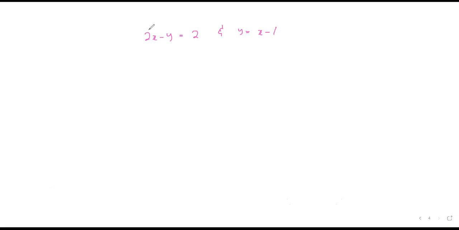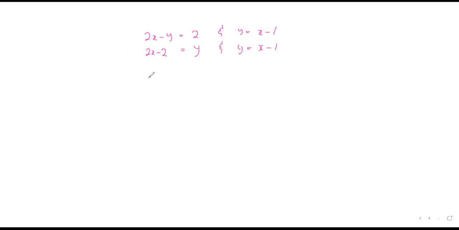Here we can say 2x minus 2 is equal to 2, and here we have y is equal to x minus 1.